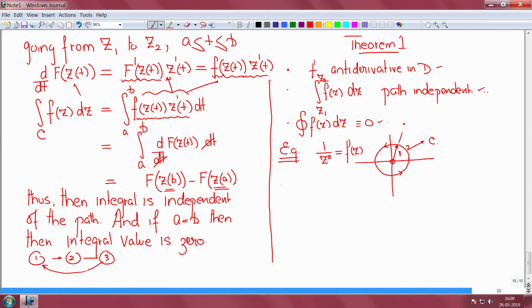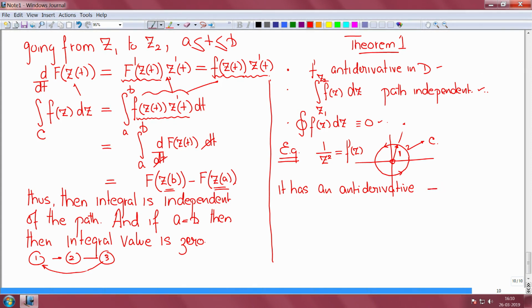And it has an antiderivative. That means we have suddenly found that it has an antiderivative. That was the nature of the theorem. You suddenly find that any one of the statements is true about this function. So about this function there is an antiderivative. So what is that antiderivative?